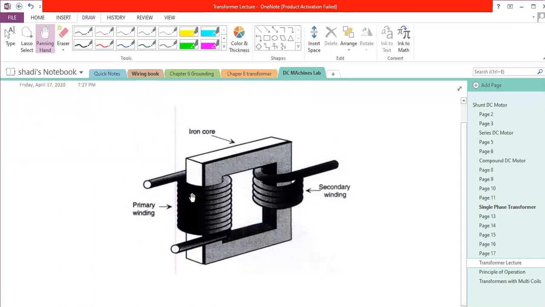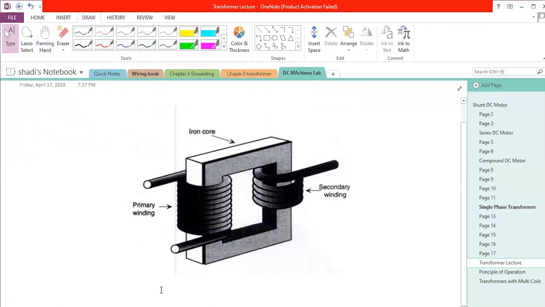Don't forget that we are working with AC, so if this is a single phase, the power at the primary is V primary times I primary. The power at the secondary equals V secondary times I secondary. And the unit of this power will be volt ampere.